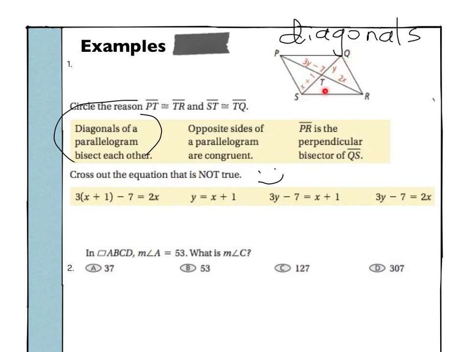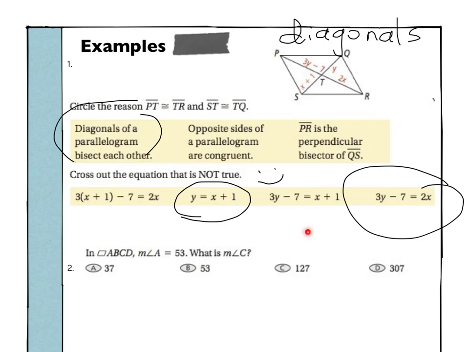So y equals x plus 1. That means this one is true. That also would mean that over here, 3y minus 7 is equal to 2x because they're equal to each other. Great. Now we're just left with the remaining two.